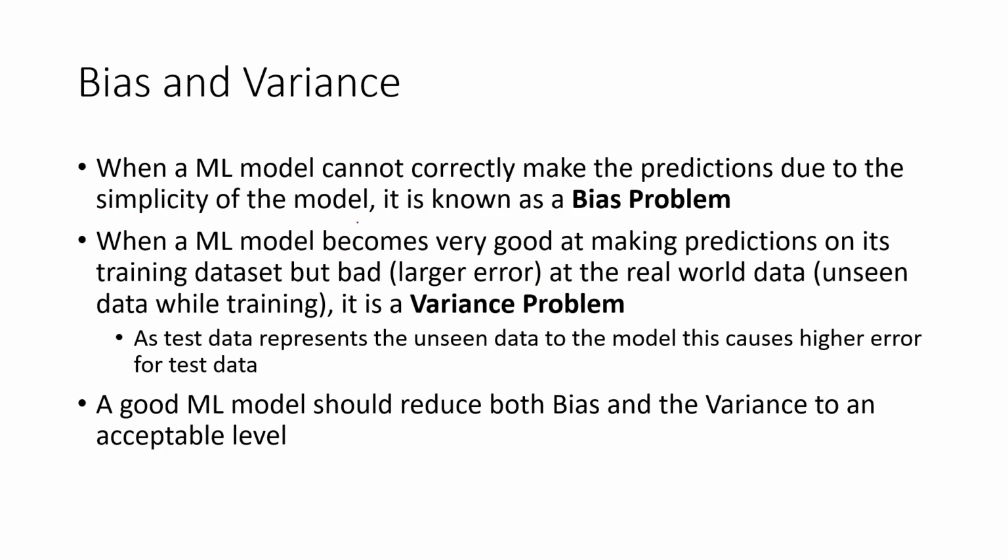So when the model is too simple, when there are too few parameters to learn from the data, there will be a bias. That means you won't be able to understand what is really there in the data, because it is too unintelligent. So this is known as the bias problem.